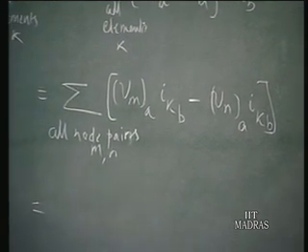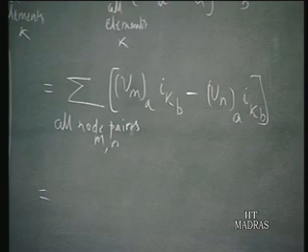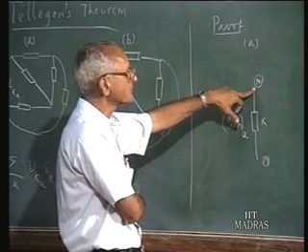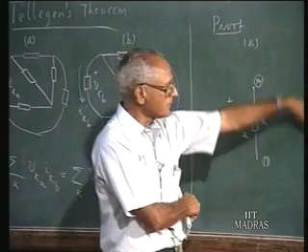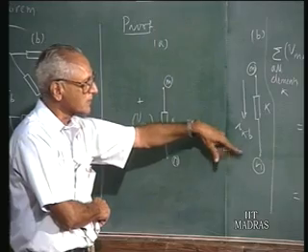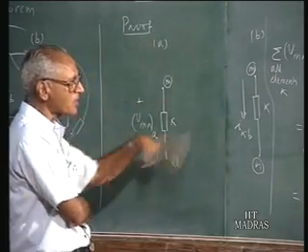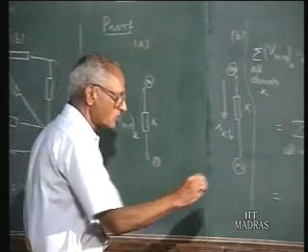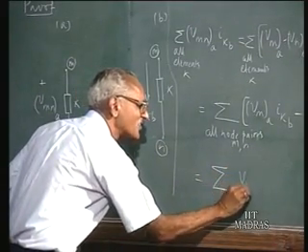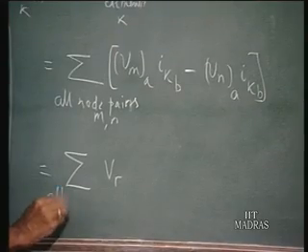Now if you look at this, what we are really doing is taking the node voltage Vm A, multiplying by the current Ikb that leaves this node m in the network B. So if you do this for all possible nodes, suppose you take an rth node, so we will say all nodes r.